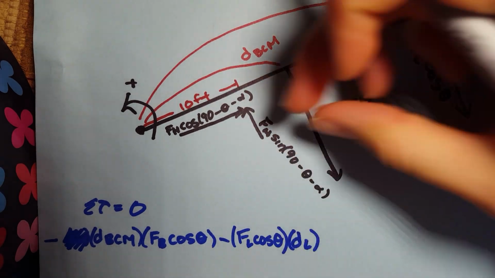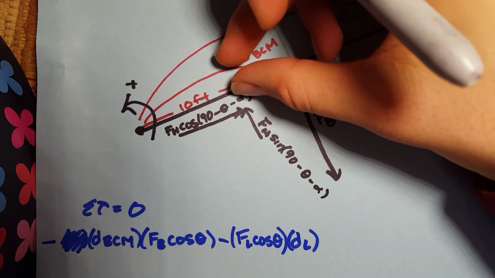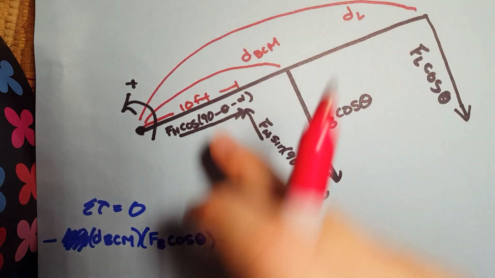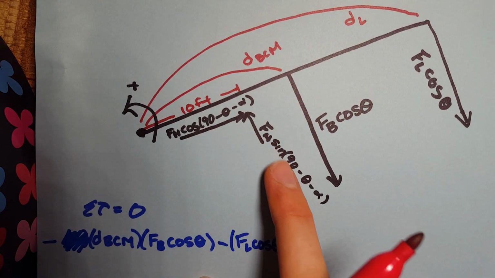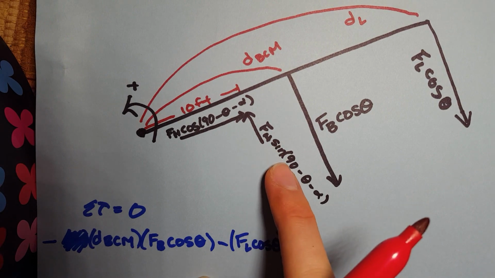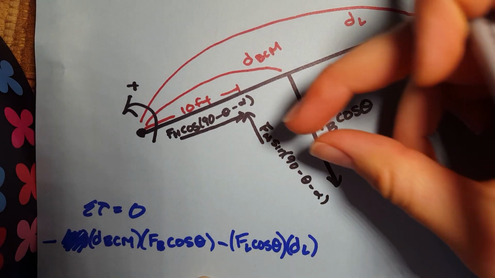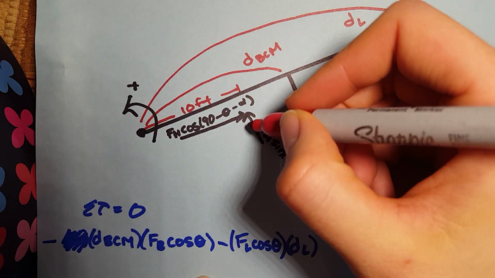So this component of the force can be thought of as acting right here. It's equivalent. So this is a force of FH times some number, which we get when we put into our calculator sine of 90 minus whatever theta you have for your group minus whatever alpha you have for your group. So that times 10 feet is going to be the torque caused by this component.